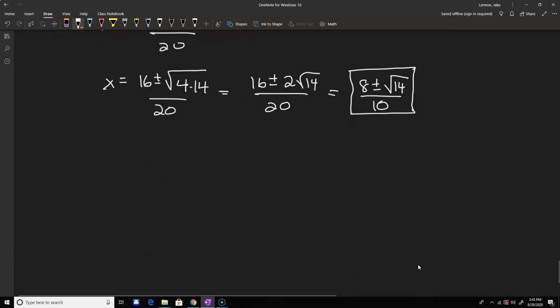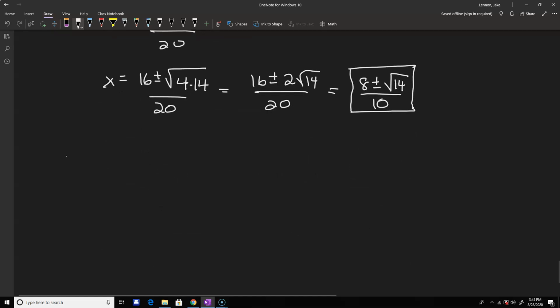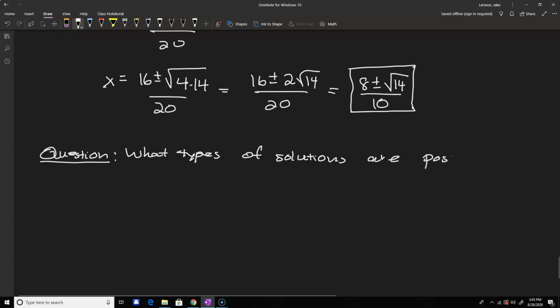One final word. So let's think about a question. So what types of solutions are possible? So the types of solutions are based actually all on the square root part. So the answer is there are three possibilities.